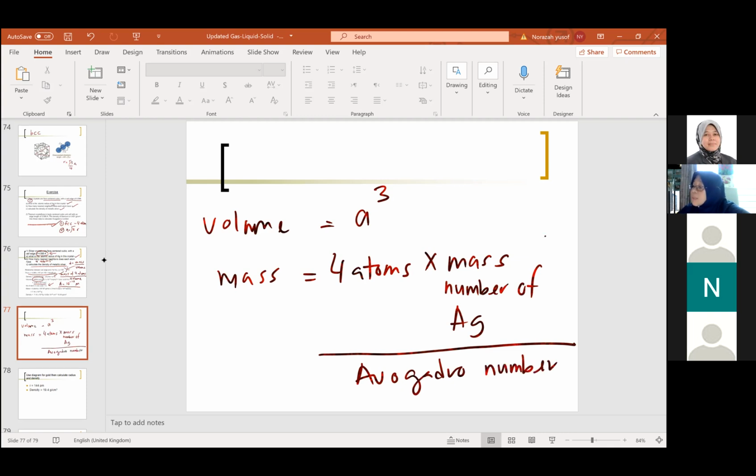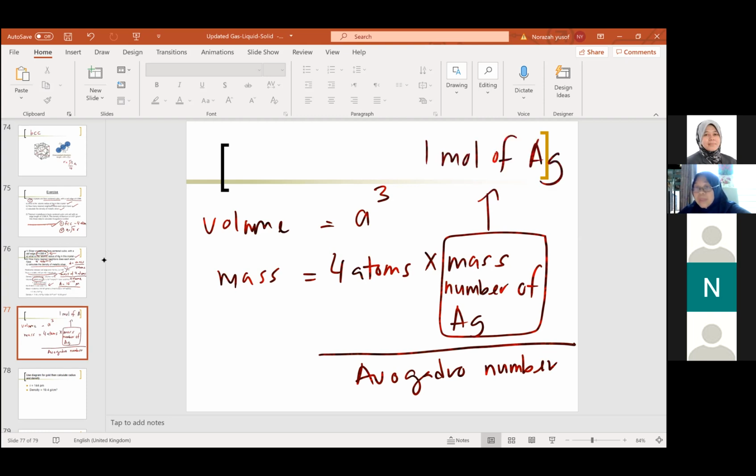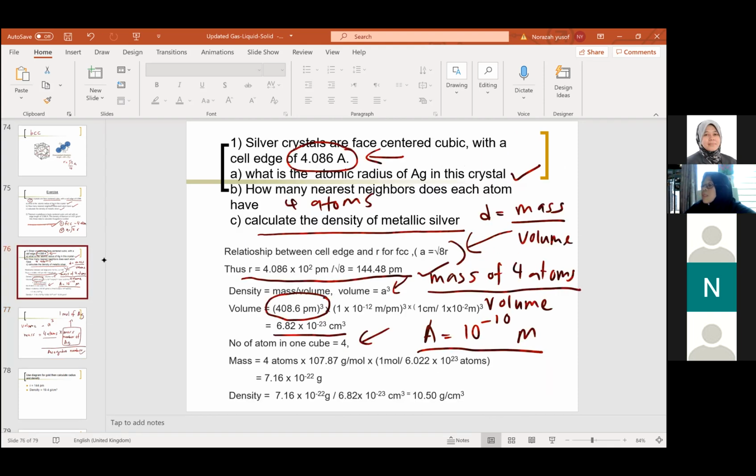Because this mass number is for 1 mole of silver, but we are talking about 4 atoms only. That's why you have to divide by Avogadro number.